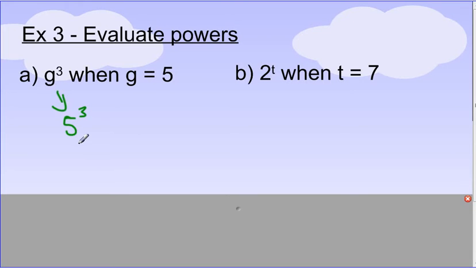I always recommend when you're doing exponents or powers that you write this out. So this means 5 times itself 3 times. Now you do the math. Work your way across. So 5 times 5 is 25, and then 25 times 5 is 125.